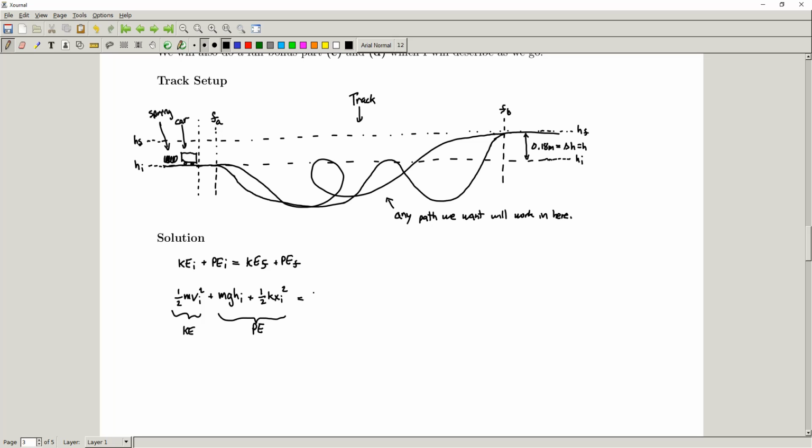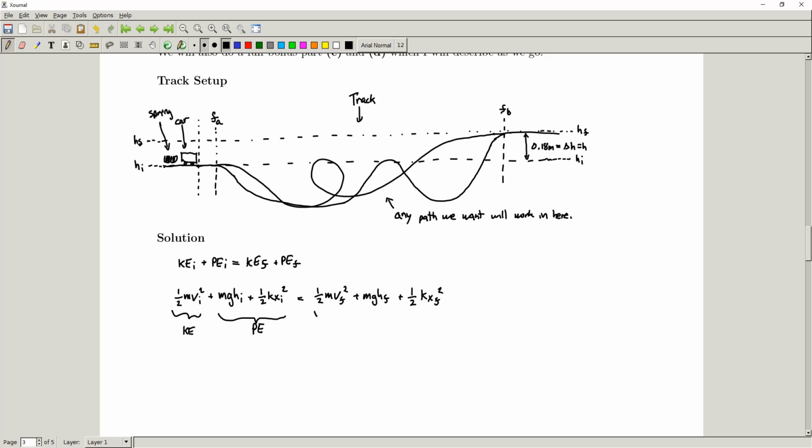And so again, in the end, we may have some kinetic energy. We may have some potential gravitational energy. We also may have some potential spring energy.